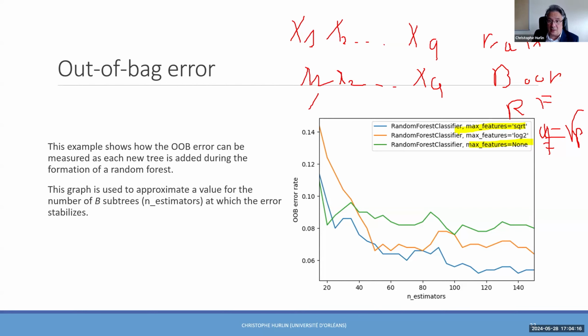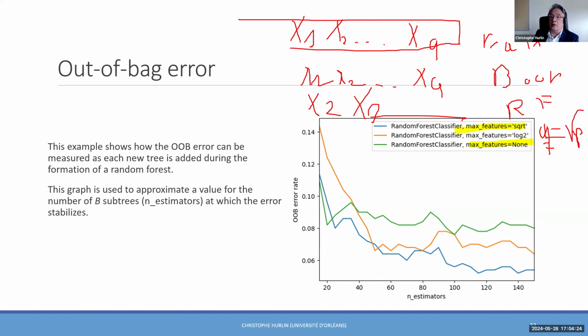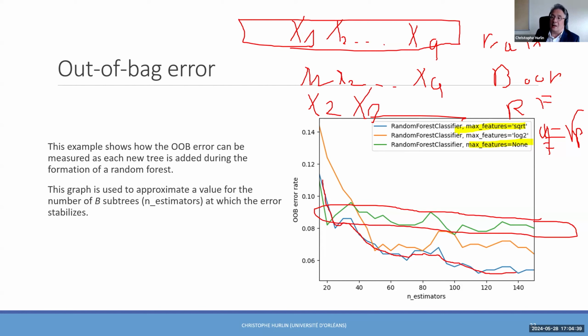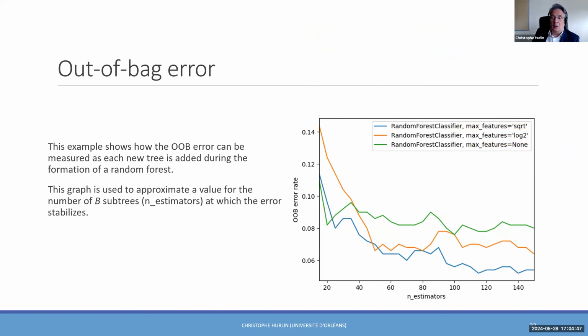So I will select, for instance, X2 and X7. But I don't have all the variables initially available in my dataset. And you observe, for instance with the blue line, that the out-of-bag error is always smaller than the out-of-bag error of the bagging. Why? Because you have reduced the correlation of the decision trees.